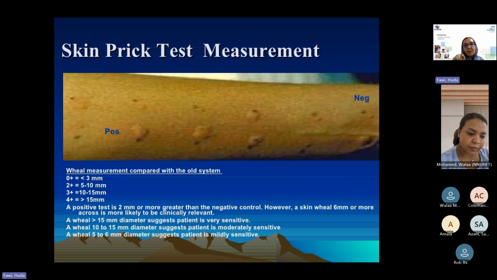We'll then measure the wheal diameter. Usually if it's less than 3 millimeters, it's negative, and if it's 5 by 5 or 10 by 15, that tells you not how allergic, but whether a person is allergic or not.